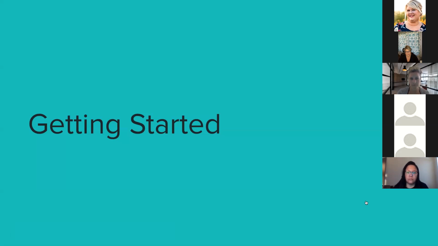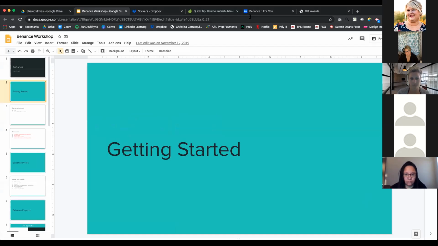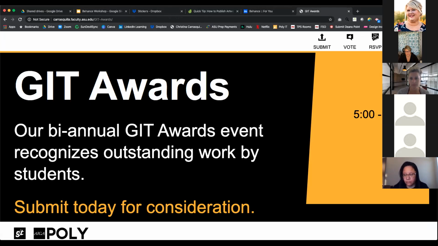So let's talk about the GIT Awards. The GIT Awards are held at the end of every semester. It's our chance to recognize our graduating seniors and outstanding work done by students this semester. Since our curriculum is project-based, you should have tons of work for each class.